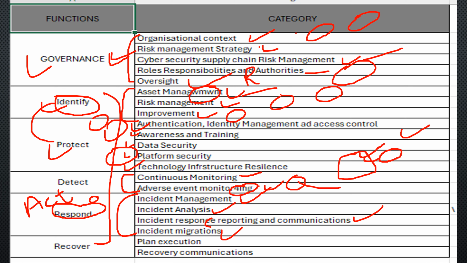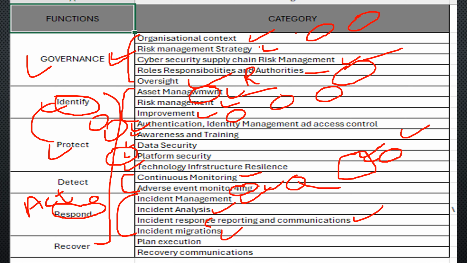How will you make it covered? Incident management life cycles, RCA, problem management, or change management. These are certain things that come under the response part.